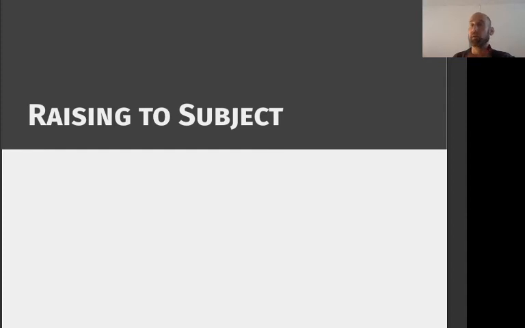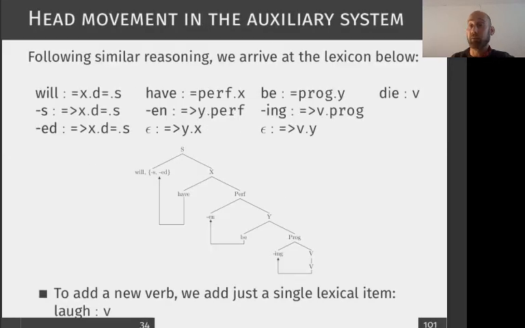Okay, this previous thing was introducing merge, feature bundles to control merge, and head movement. Head movement is not a special kind of movement. It's just essentially a phonological effect that happens during some mergers. That it happens is determined by the kind of feature you have.